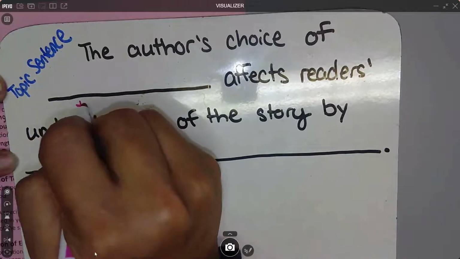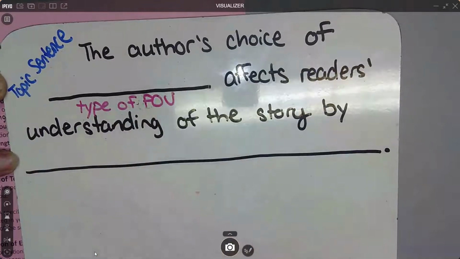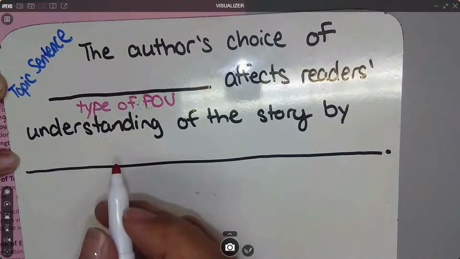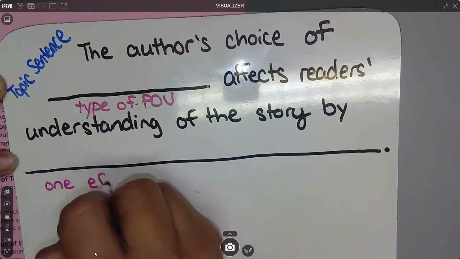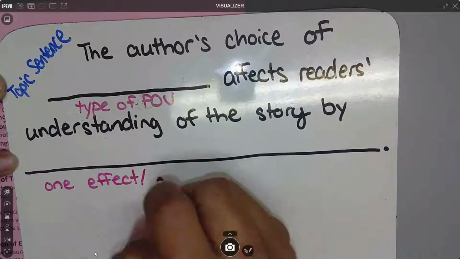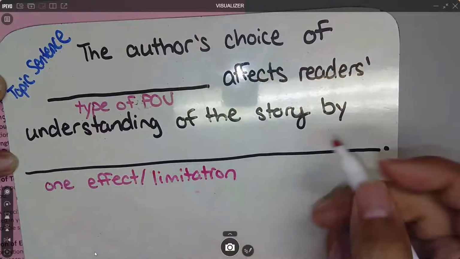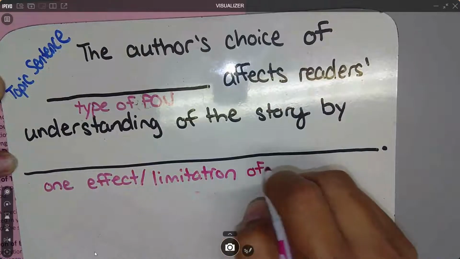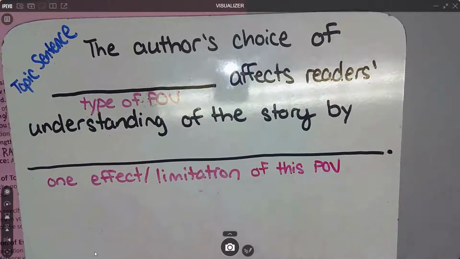So this will be your type of point of view, and this will be one effect or limitation of that point of view. Okay, so that's your topic sentence.